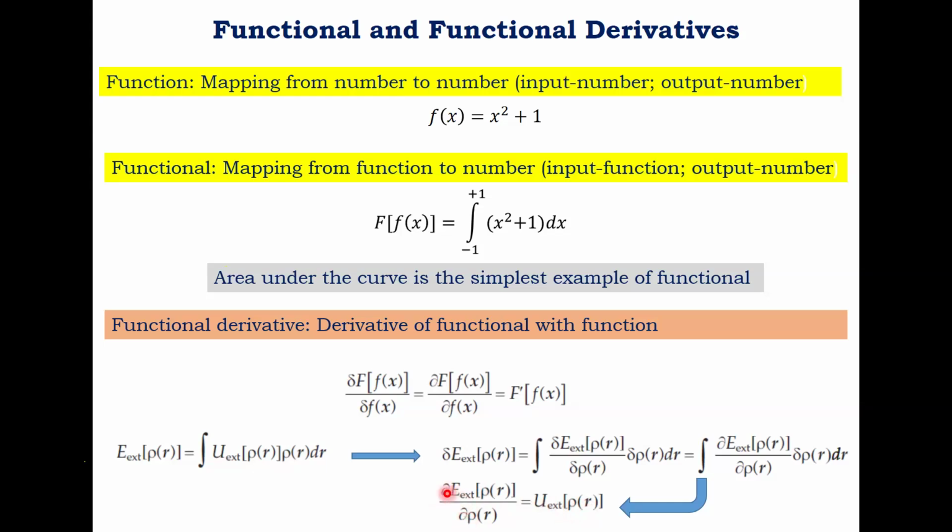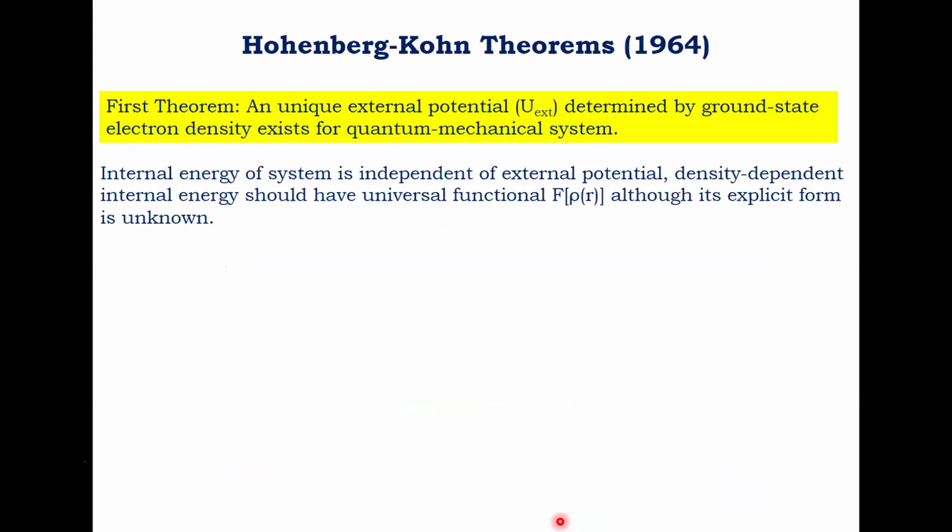So the change in that particular functional with respect to the function is the simplest example in the context of density functional theory. This will give you the external potential as a functional of density, right? That was the functional.